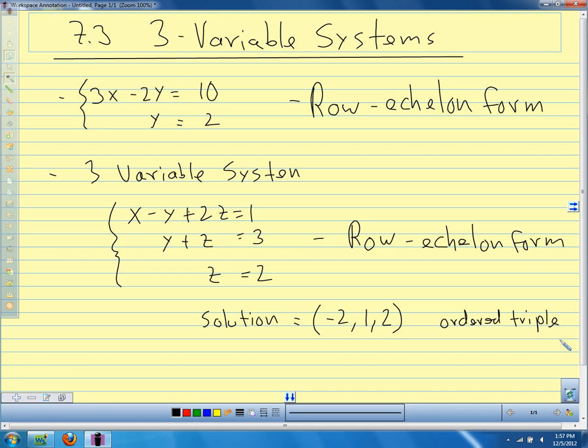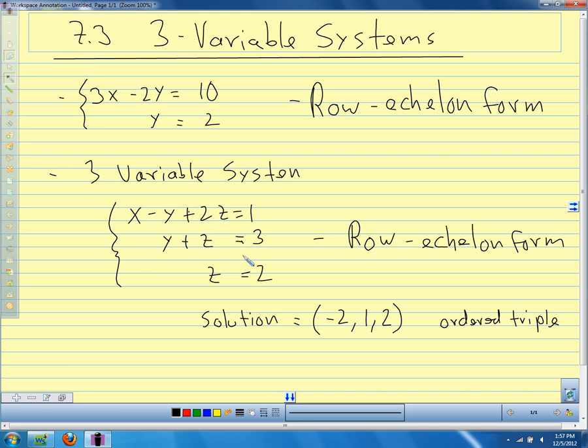We get a point in space, rather than on the xy plane. We have an x and a y and a z. So our solution is an ordered triple. And again, our goal with a three variable system is to transform it into row echelon form, so we can then use substitution to solve for our variables.